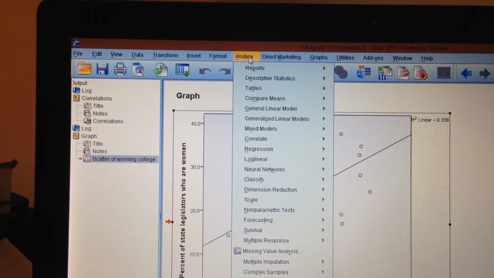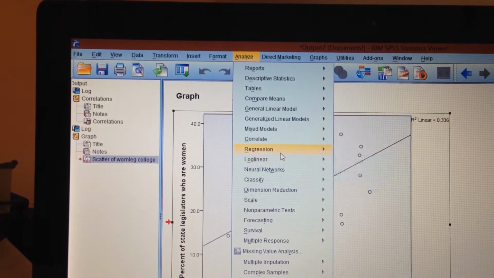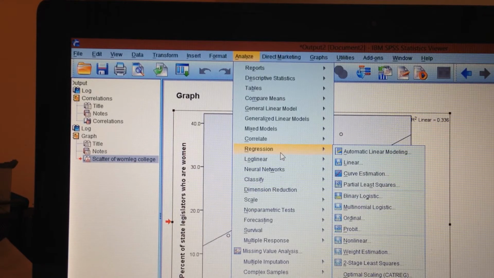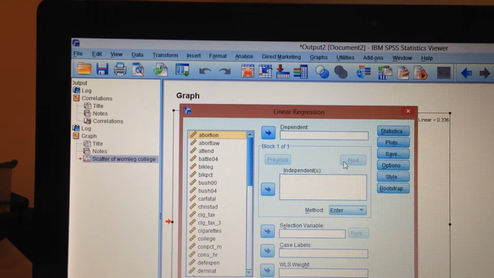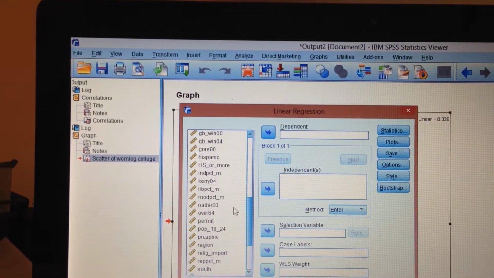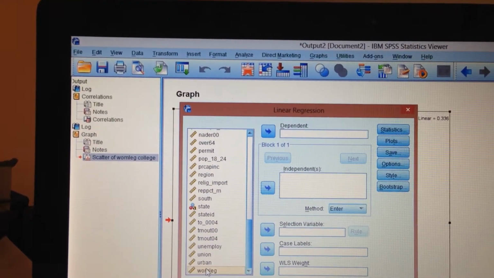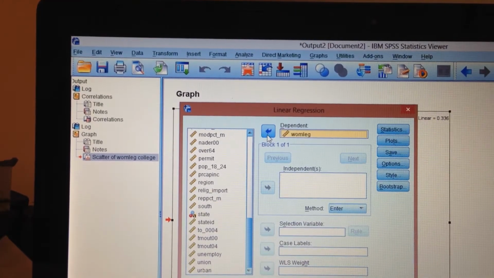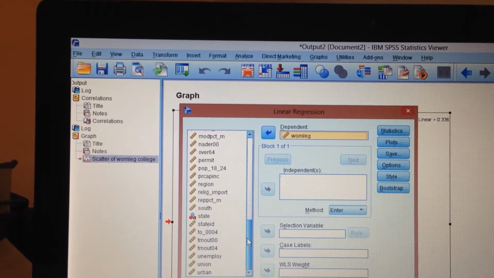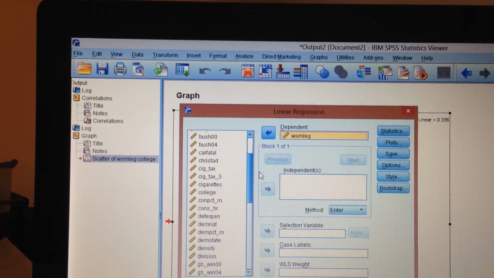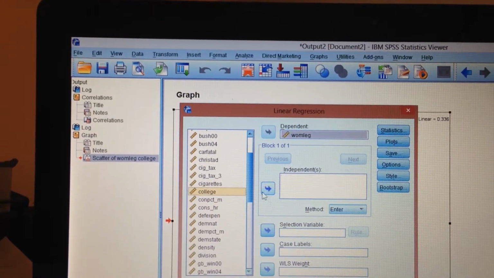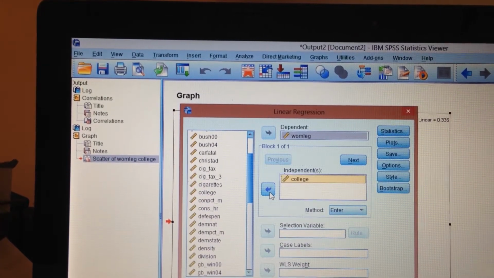Let's go to Analyze, then Regression, and then Linear. In the dependent, please put female legislature. In the independent, college. Don't hit OK yet.